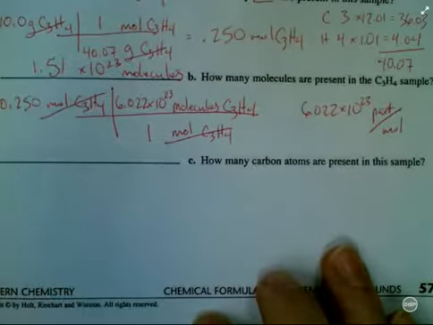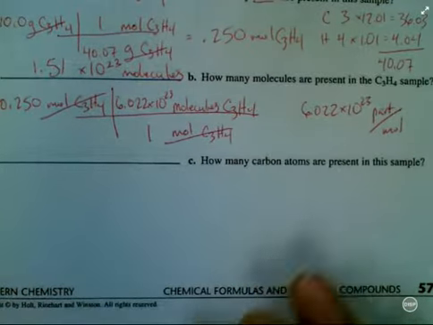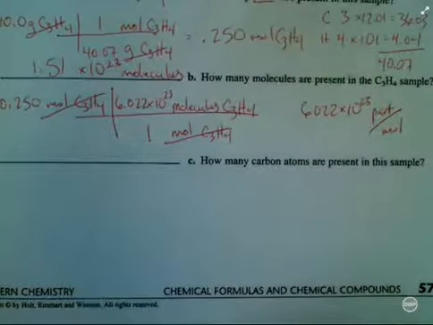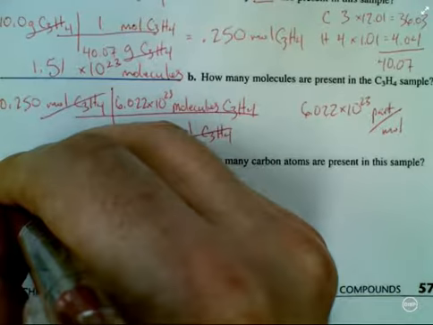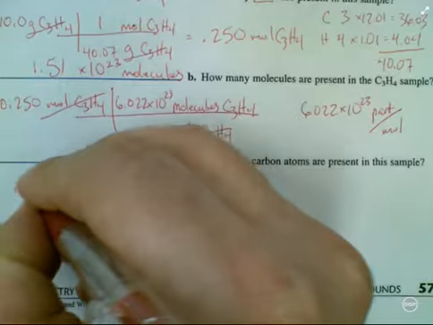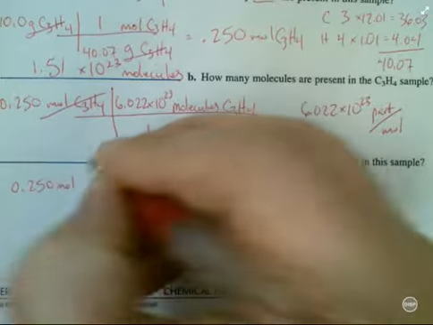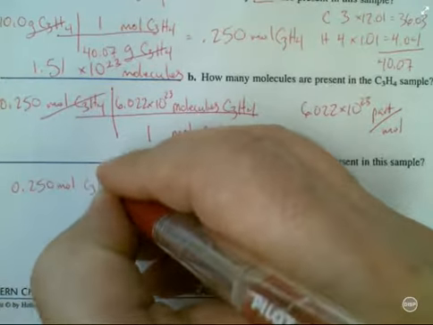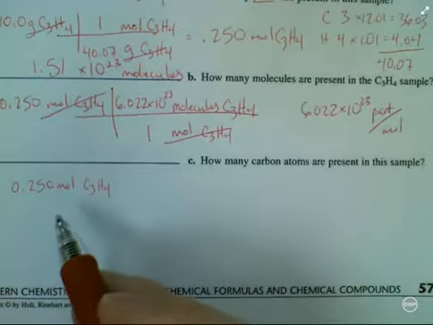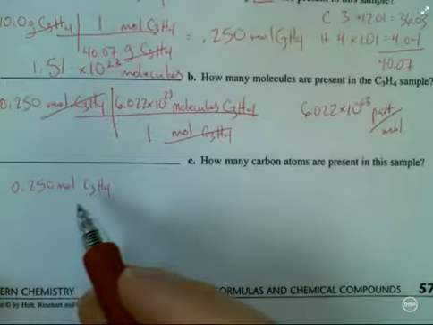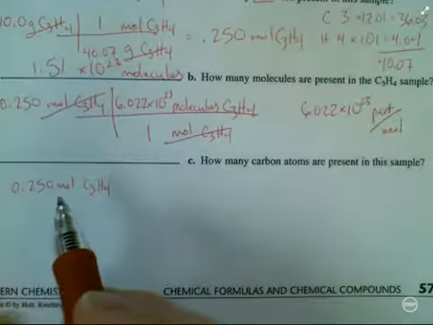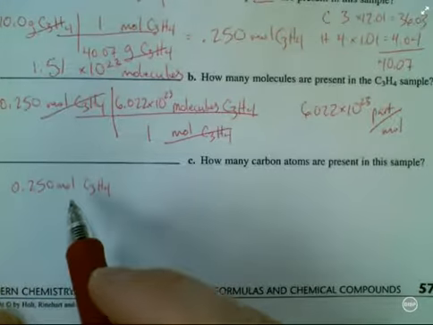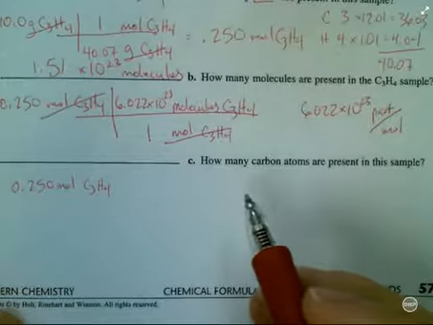Okay, so let's just start with moles here. This is the stuff I have. This is the sample that I have. The 10 grams, the 1/4 of a mole. This is the sample I have. In this sample, how many carbon atoms do I have?